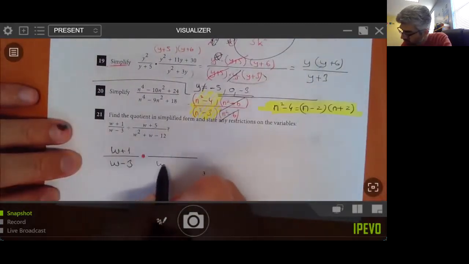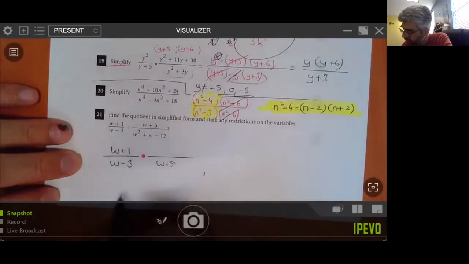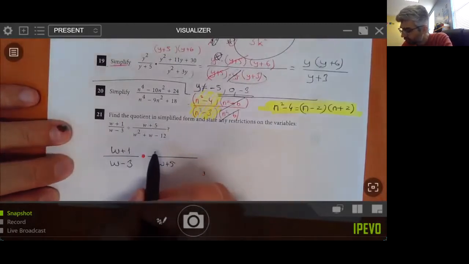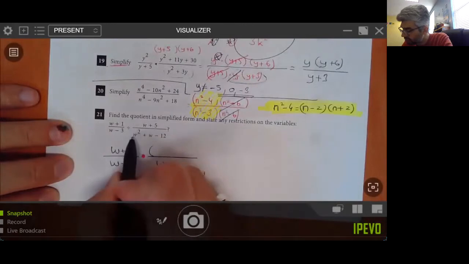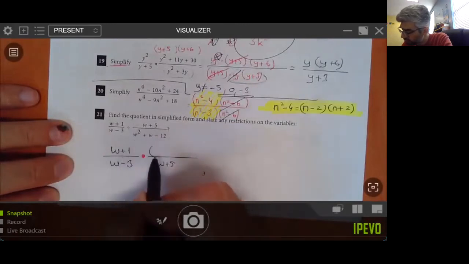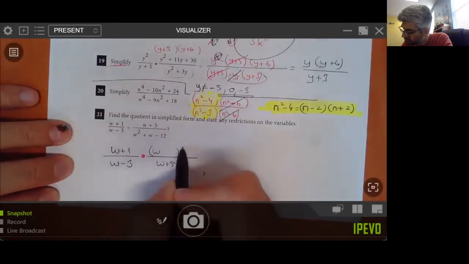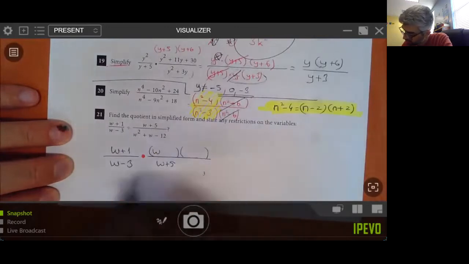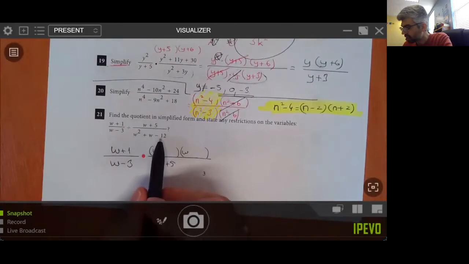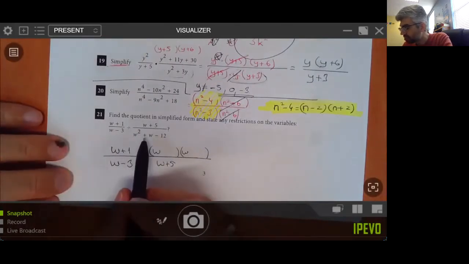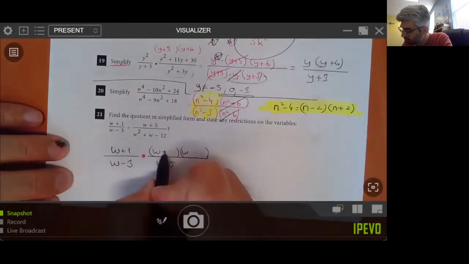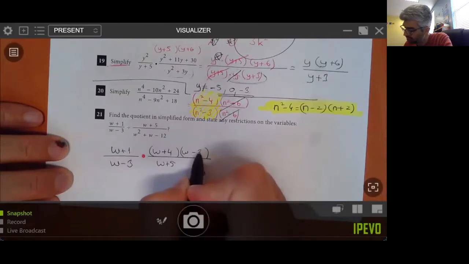So here I will have w plus 5. And I just write here the factors of w squared plus w minus 12, which is, so two numbers, product is negative 12, and the sum is plus 1, so that is plus 4 minus 3.